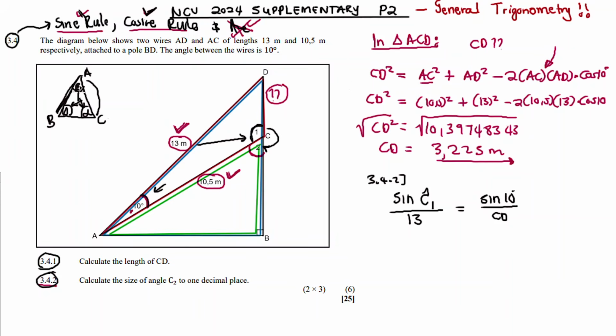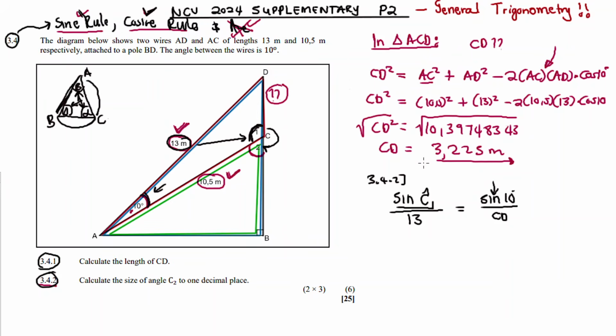If you're going to take the sine of beta, you're going to have to divide by the opposite side of that angle. So just like what I did here with sine C1, I'm going to divide it by the side that is opposite to that angle. Sine 10 degrees, I'm going to divide it by the side that is opposite to 10 degrees, right?